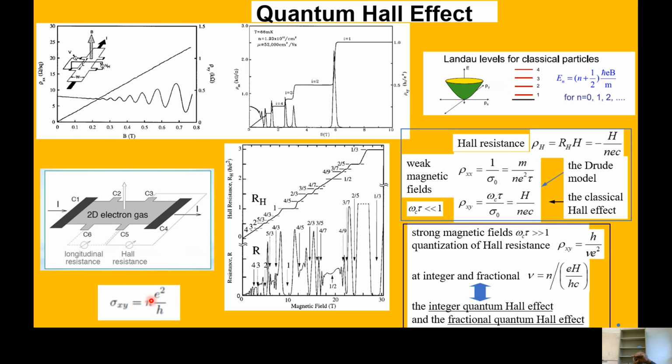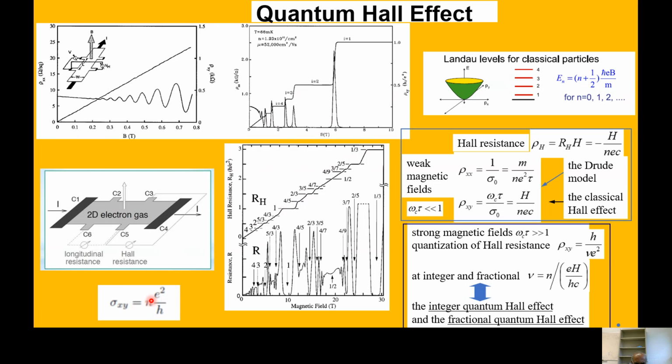Now this is what people have seen mostly for two-dimensional electron gases. Basically the electron is trapped in a two-dimensional plane in quantum devices.